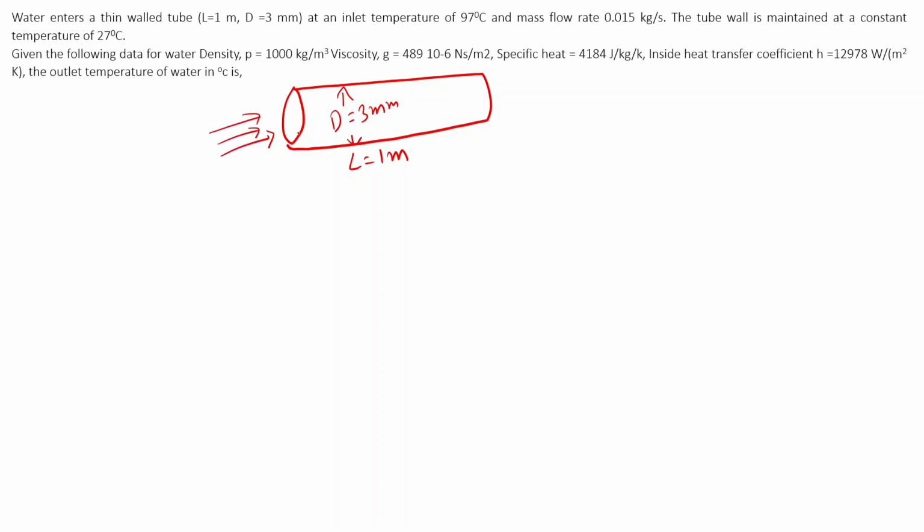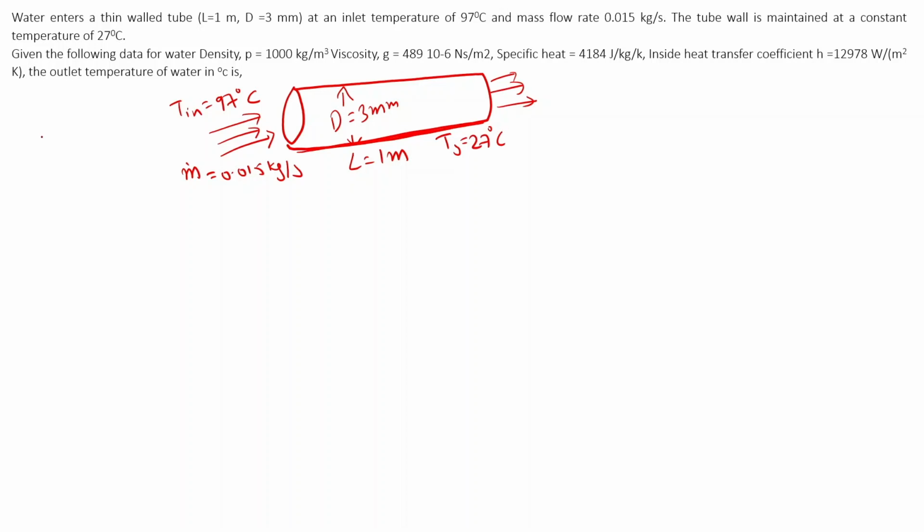Now water is passing through this tube with an inlet temperature of 97 degrees Celsius and mass flow rate of 0.015 kg per second. The tube is maintained at a surface temperature of 27 degrees Celsius.